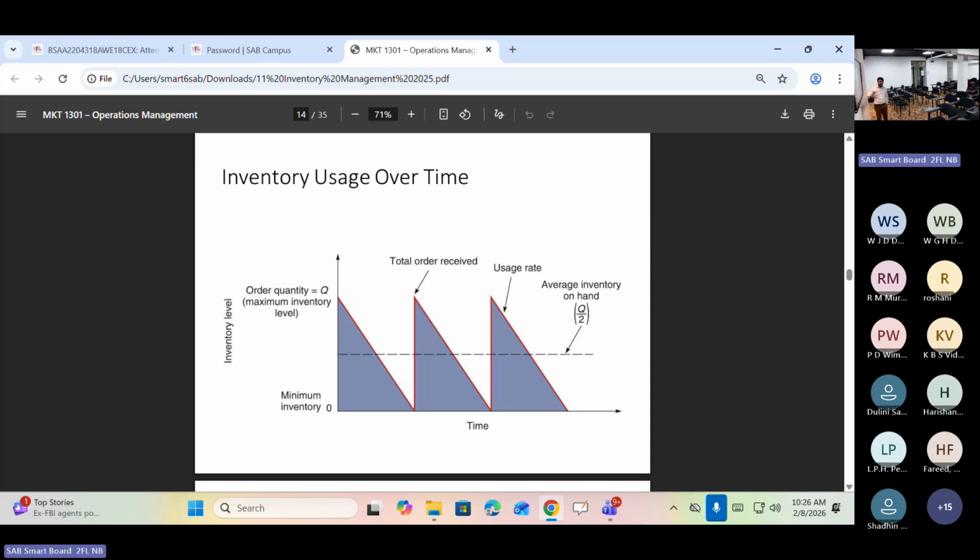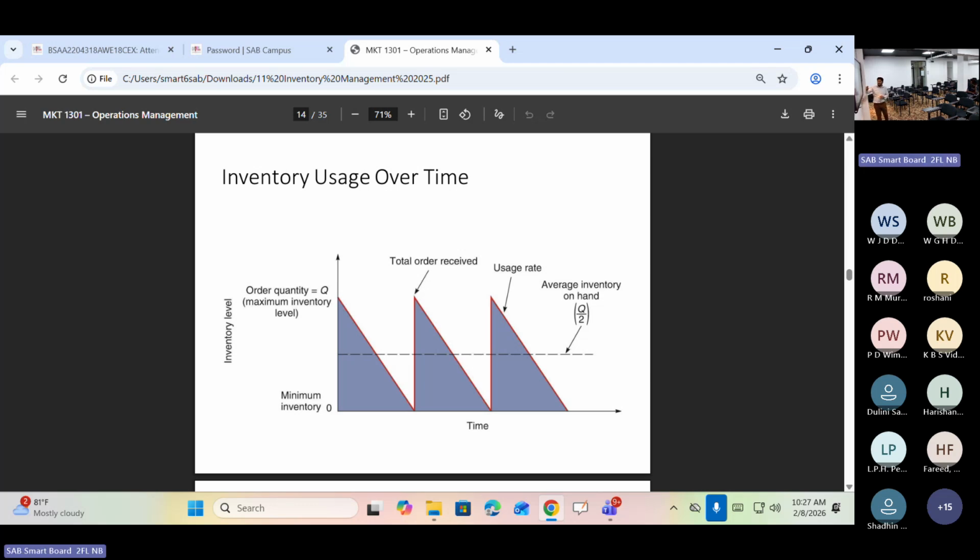At a particular point, they decide when to reorder. And during the lead time, inventory becomes 0. And on the same day, you get the full order. So likewise, it goes up to the maximum level. So that is the behavior of the basic EOQ model for each item.